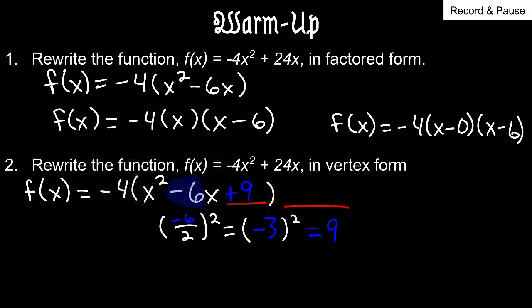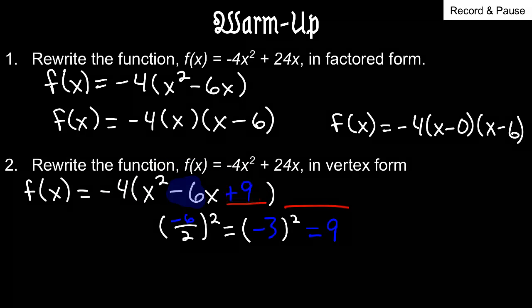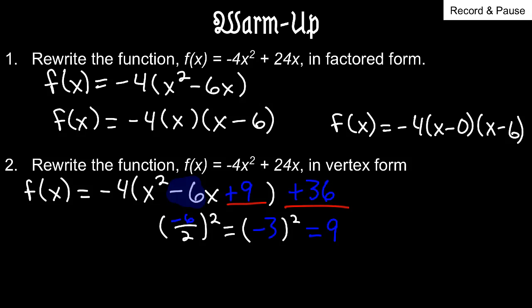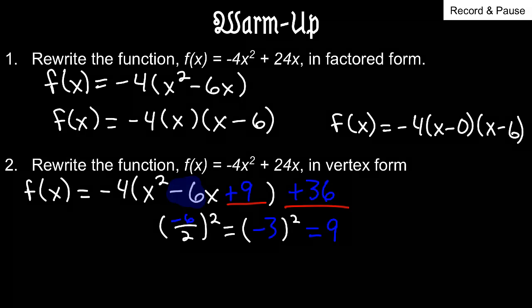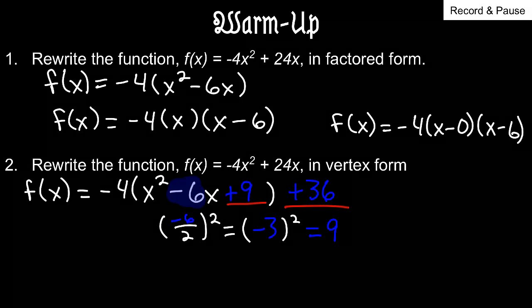So when we add 9 here, what we're doing to the entire function is subtracting 36. So on the outside, we need to add 36. Is there anyone who needs to see that again? Because that's the key. Thank you, Ian.